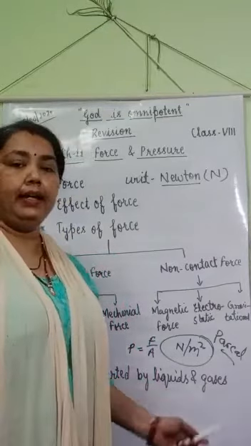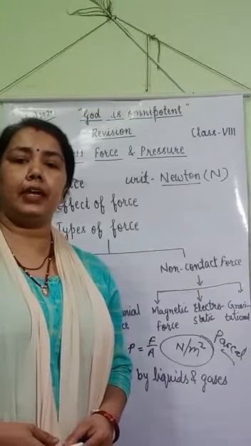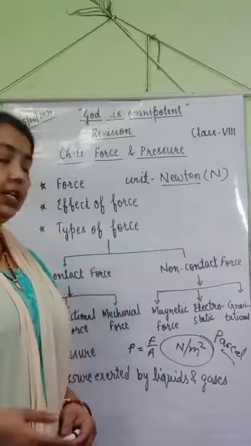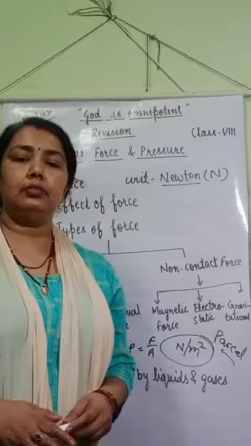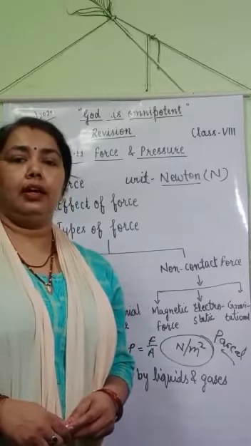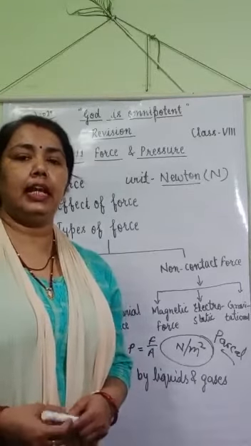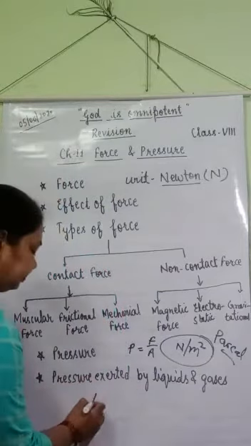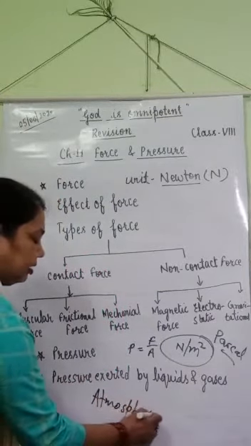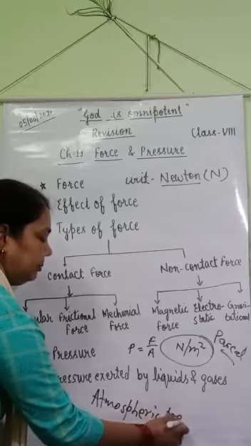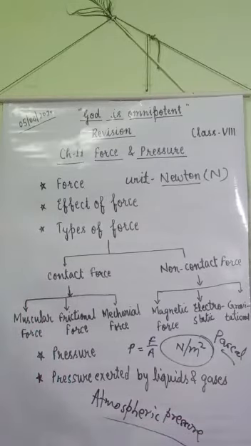And pressure applied by gases: you know that air is a mixture of gases. The envelope of air is known as atmosphere, and the pressure exerted by air on an object is known as atmospheric pressure.